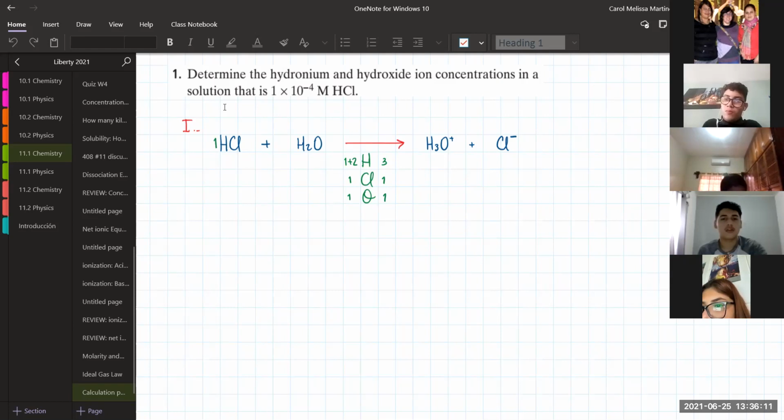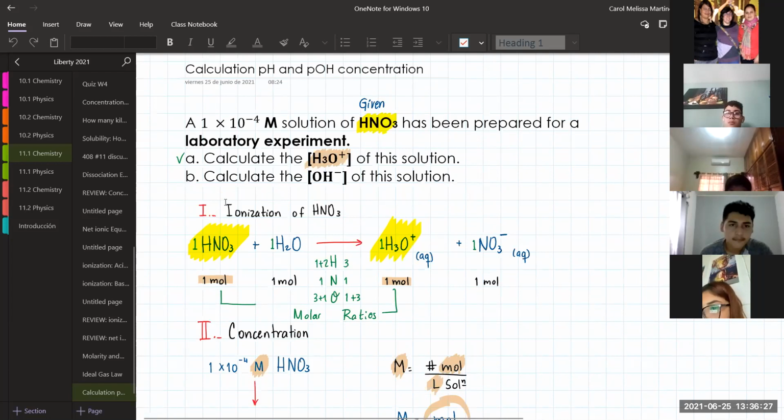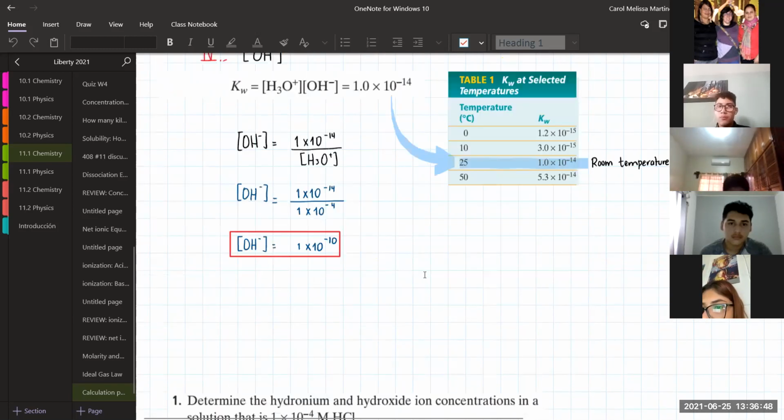Tell me, why don't you put chlorine as an atomic element? Because in the ionization, the name ionization comes from the word ion, and ions have charges. All ions have charges. For example, nitrate ion has a charge of -1, hydronium ion has a charge of +1, and ammonium ion has a charge of +1.